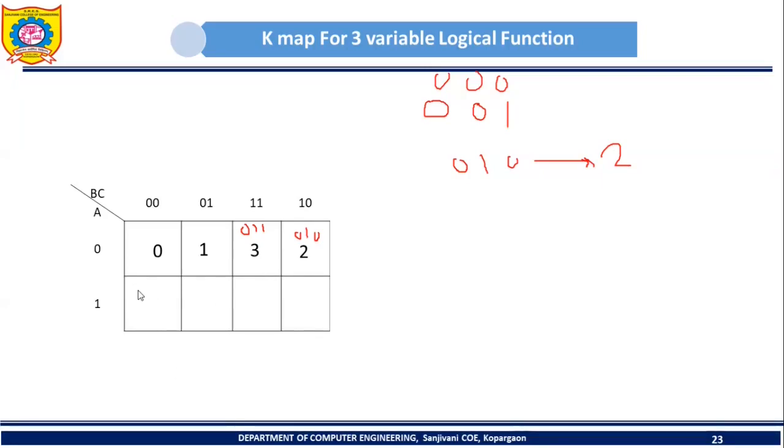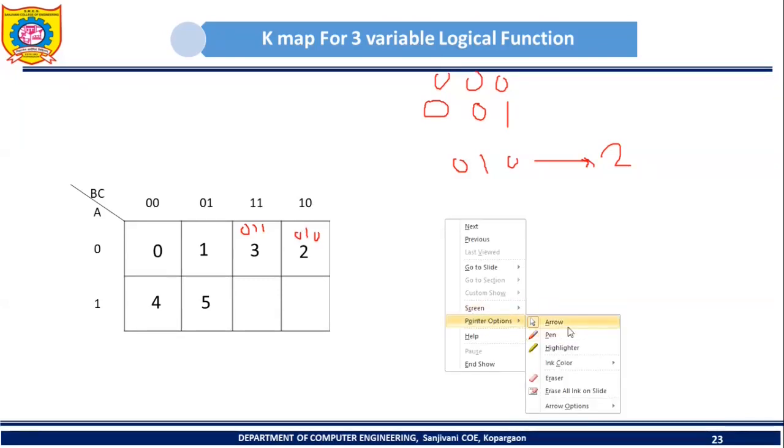Then for this cell, what is the input combination? 1 0 0. 1 0 0 means 4. Then for this cell, the input combination will be 1 0 1. 1 0 1 means 5. Then where will we have 6? Will we have 6 here? No. So see, consider this last cell. For this last cell, what is the input combination? 1 1 0.